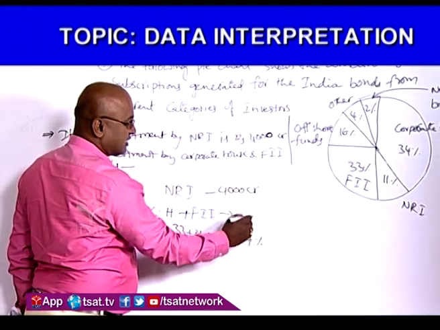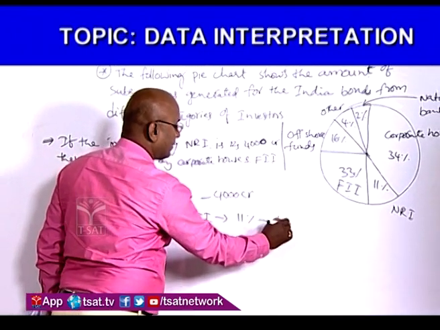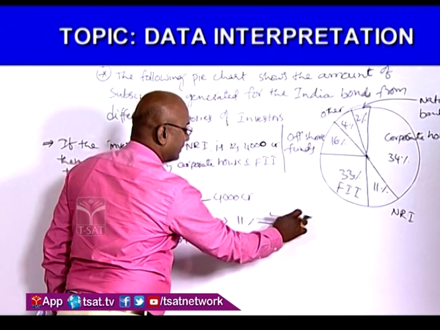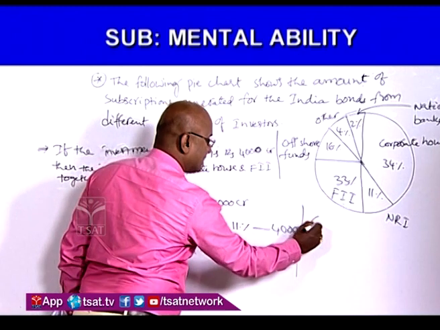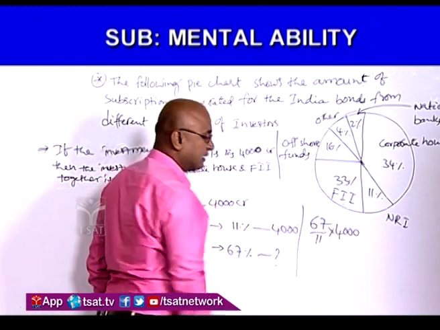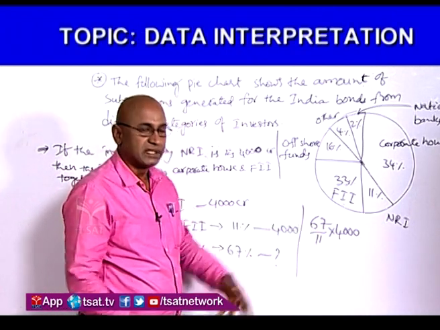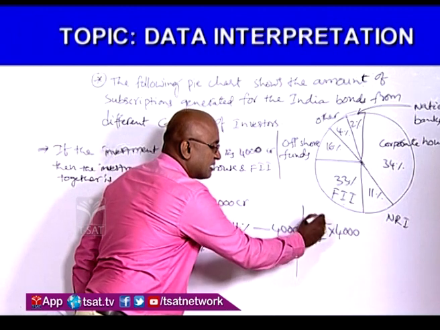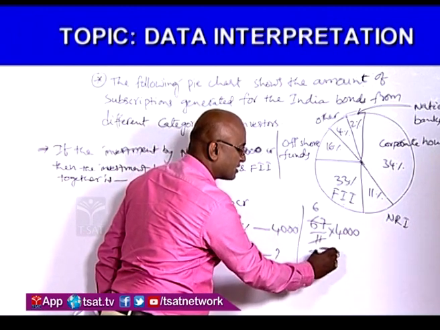Now 4,000 crores is 11%. So if 11% is 4,000 crores, then 67% is how much? That is 67 by 11 into 4,000. Assume that 67 is 66. Now 11 sixes are 66 and 6 fours are 24,000 crores.